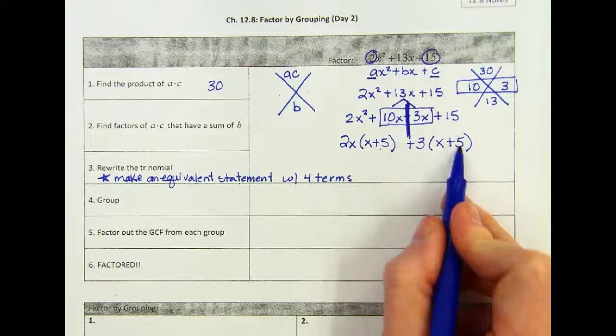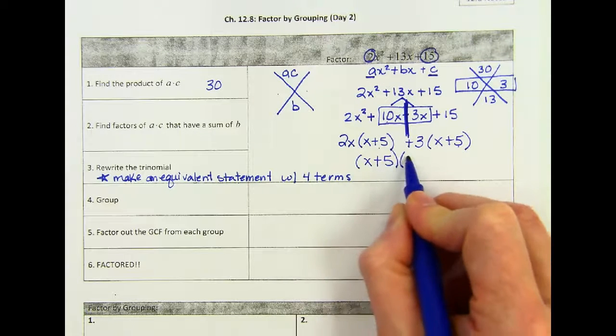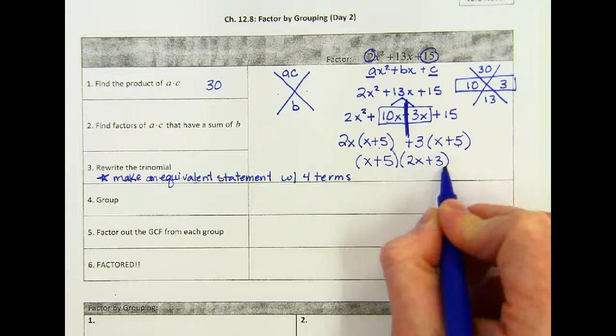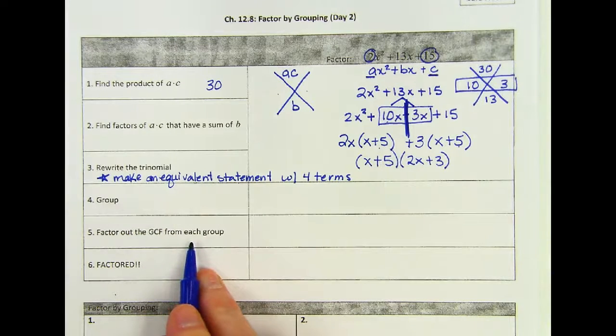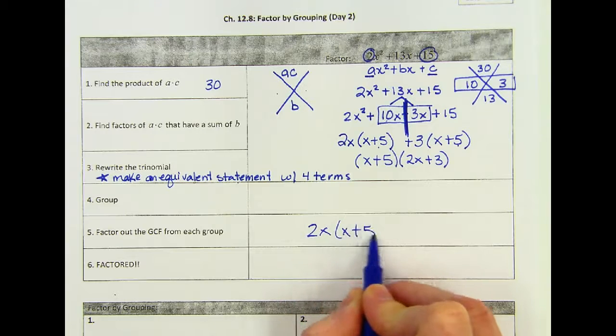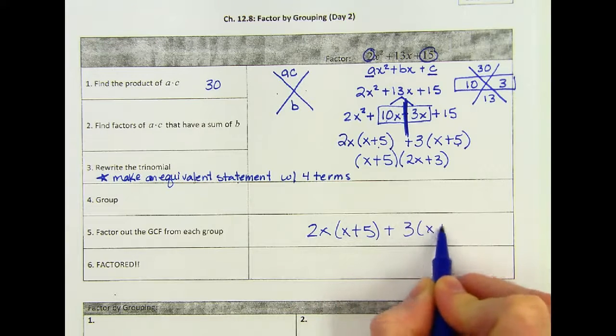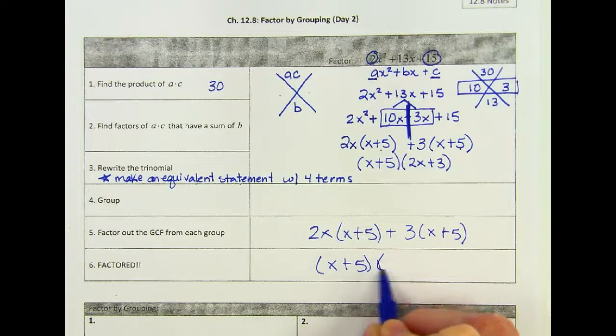Now look, I have matches. I bring out that greatest common factor of x plus 5, and my leftovers go here. So I group, I factor out the term from each group. So here, this is this step right here. Okay, and then I simply factored it.